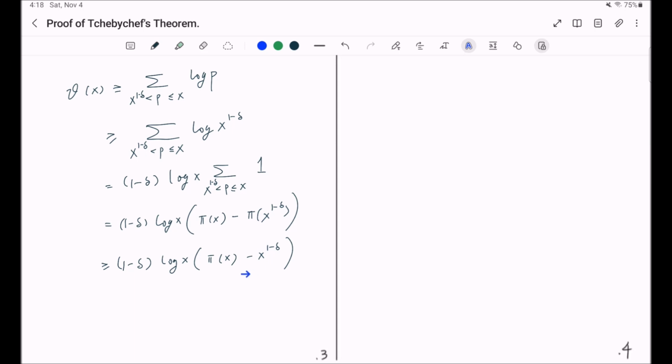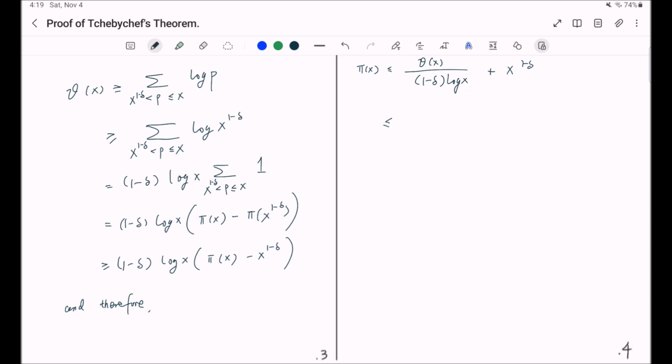So from here, we solve for pi of x. Pi of x is less than or equal to theta of x divided by 1 minus delta times log of x, plus x to the 1 minus delta. So this is what we can solve from this inequality.